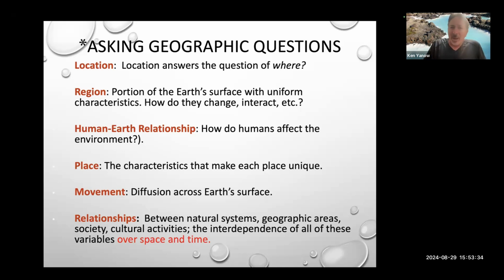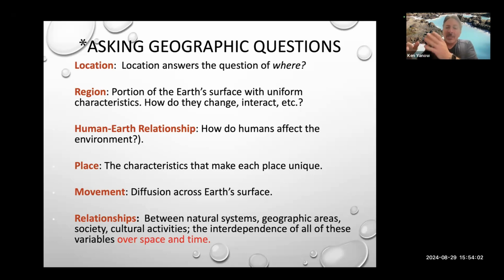Place is also another theme in geography. The characteristics that make each place unique or similar for that matter. We talk about movement, diffusion across Earth's surface, but it's not just the movement of people. It's the movement of rivers, the movement of air, weather dynamics. The question becomes, why is one place drought-ridden, whereas the other place is a rainforest?